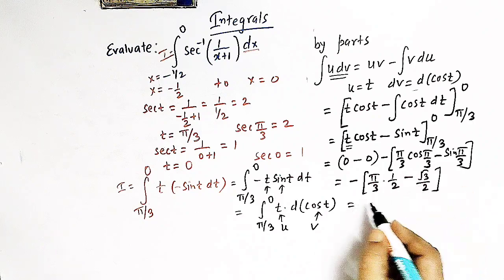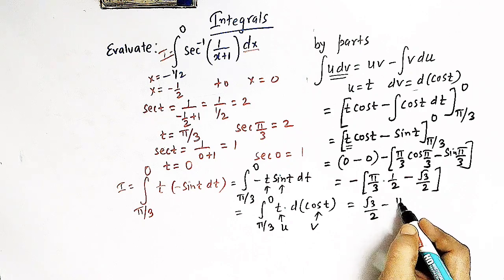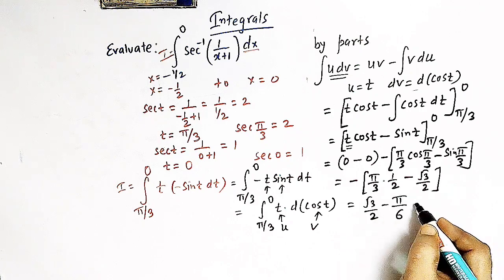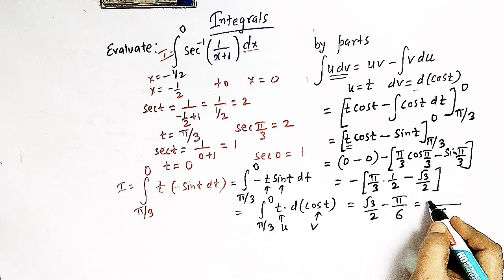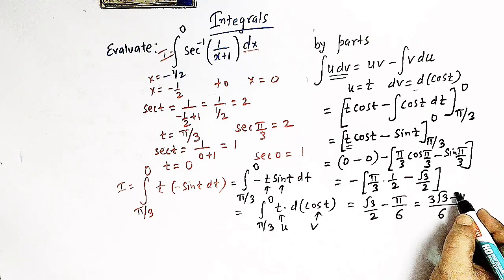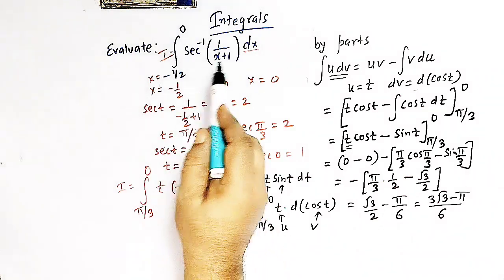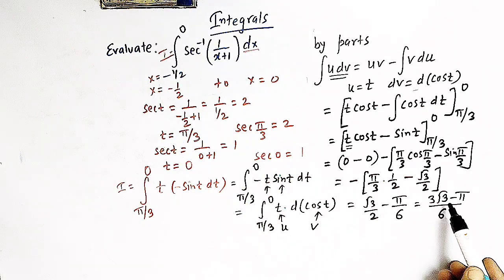So now we can write it as root 3 over 2 minus pi by 6. Now taking the LCM, we have 6, and then we have 3 root 3 minus pi, right? So the value of this integral is given by 3 root 3 minus pi over 6.